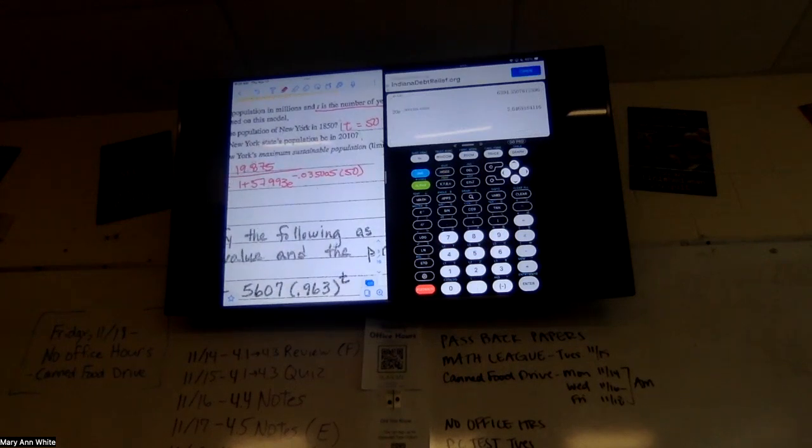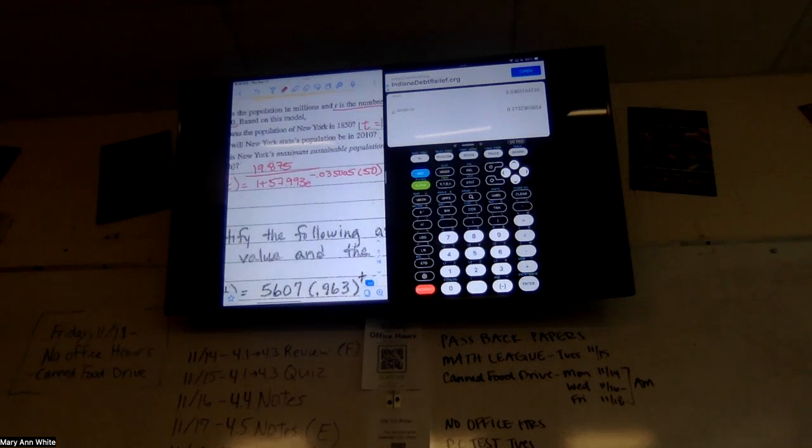I'm gonna be honest, I'm too scared to plug that all in at once, so I'm gonna plug it in some pieces. I'll do e to the negative 0.035005 times 50. I'll do that first. Okay.